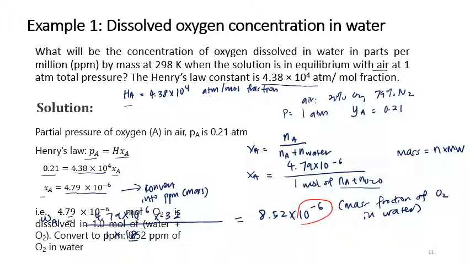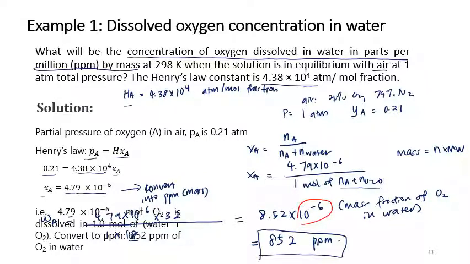If you convert this into parts per million, it is equal to 852 ppm. So the answer is the concentration of oxygen dissolved in water in parts per million by mass is 852 ppm. Alright, we'll continue the next learning outcomes in the next parts 2 and 3.